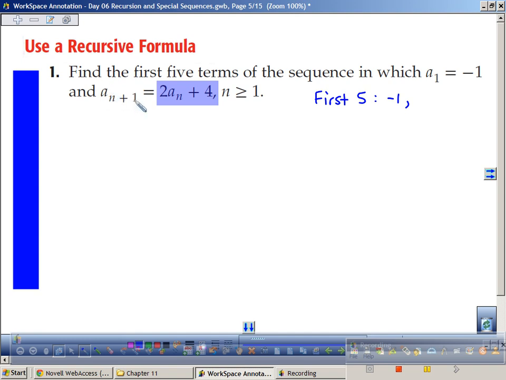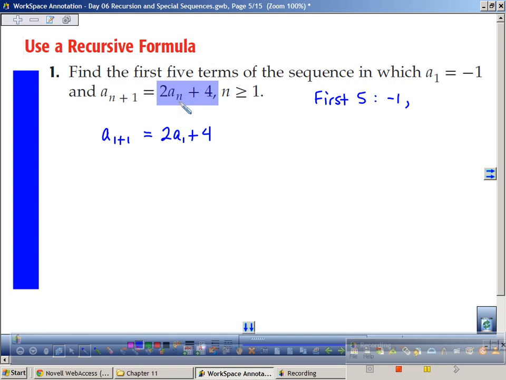It says a sub n plus 1 equals this. What if I substituted n for 1? If I substitute n for 1, don't I have to put n for 1 over here as well?